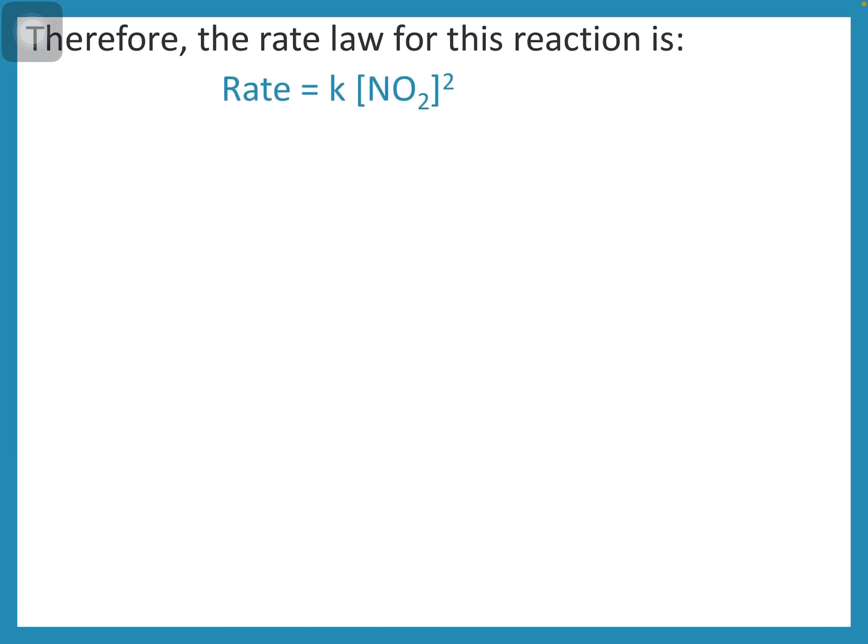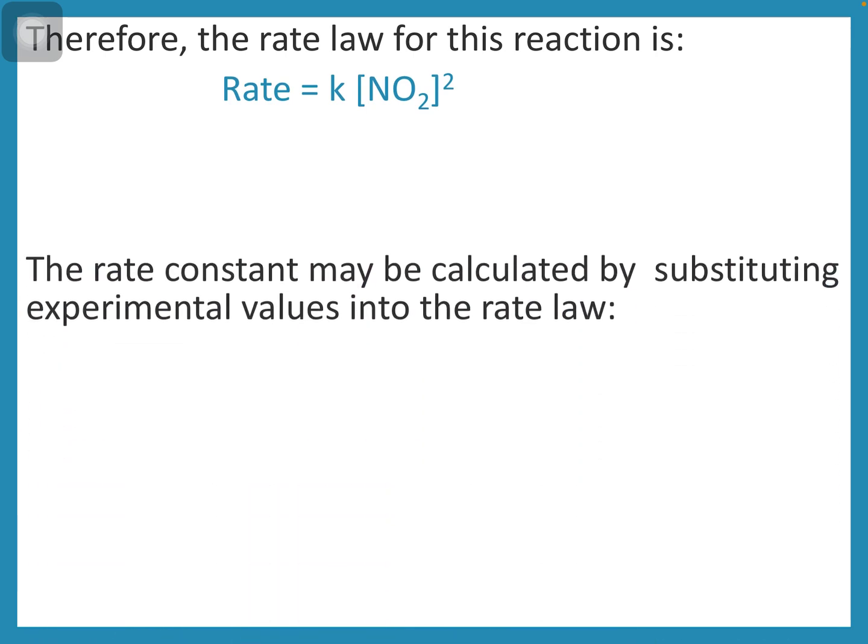So the rate law here then is the rate constant k times NO2 concentration squared. The carbon monoxide was 0 order, so anything to the exponent 0 is just 1. So we would only be multiplying this by 1, so we don't need to write that one in there. So CO does not show up in the rate law because it doesn't impact the rate.